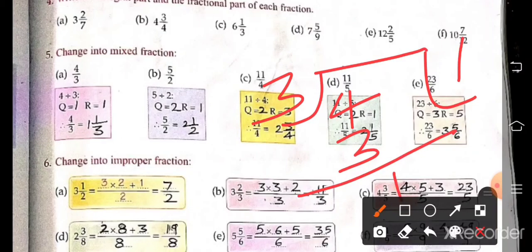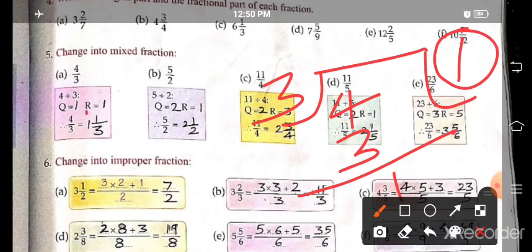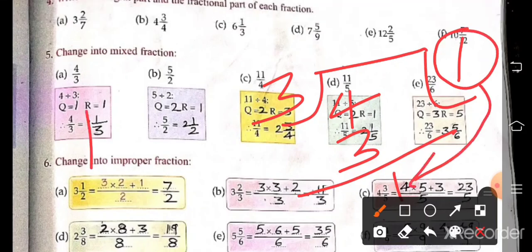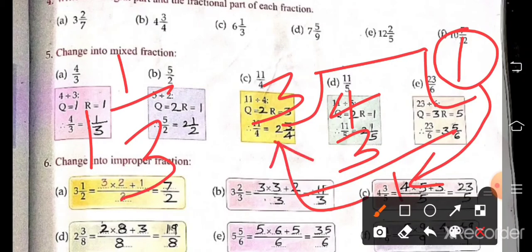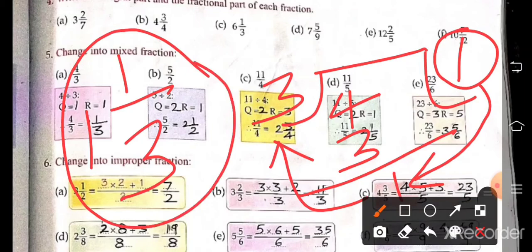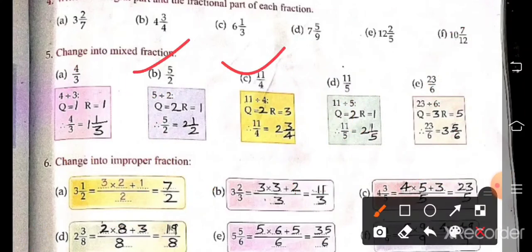So first write this one, this is the whole. Then 1 upon 3, the last 3. Okay, this is a mixed fraction. Okay, so like this you have to do these parts also.